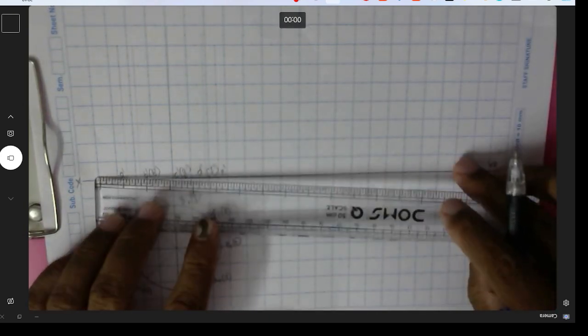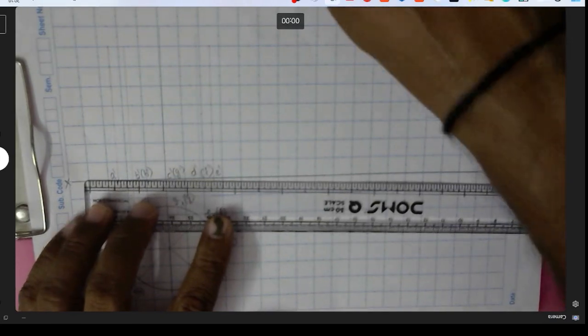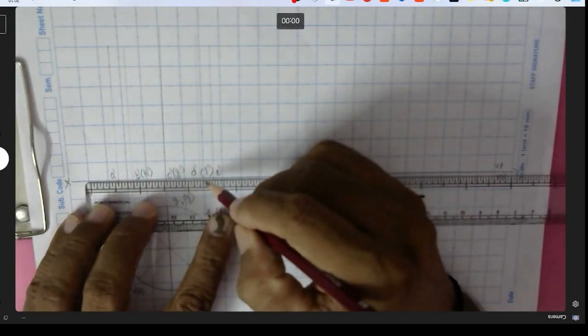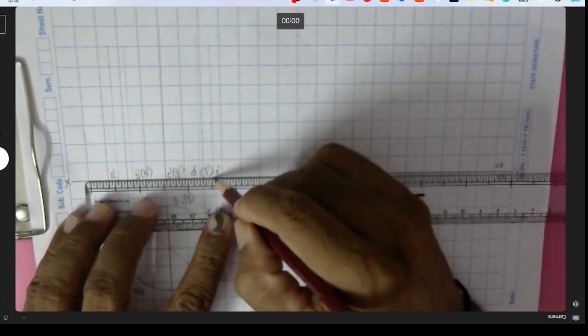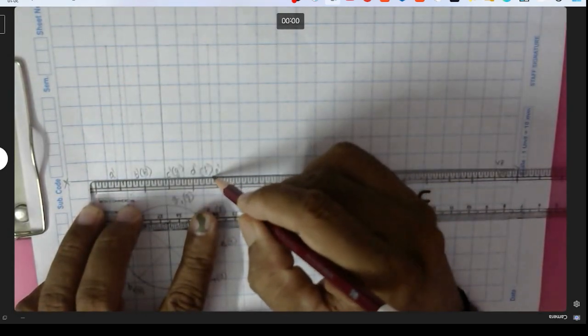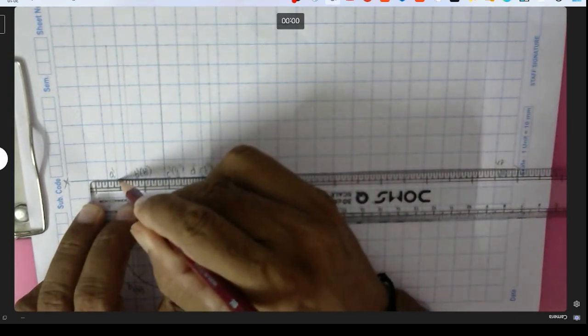So now the base surface is clearly visible. What I'll do, I'll go for a thicker line for the base surface. And the top surface is also a thicker one.